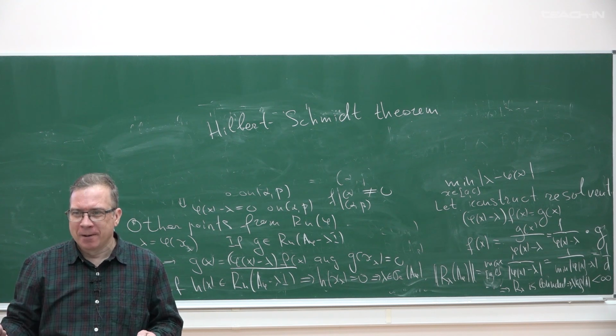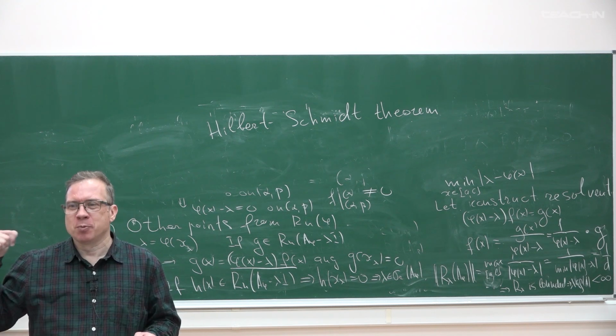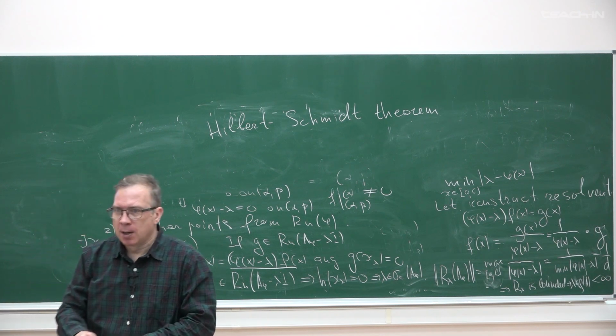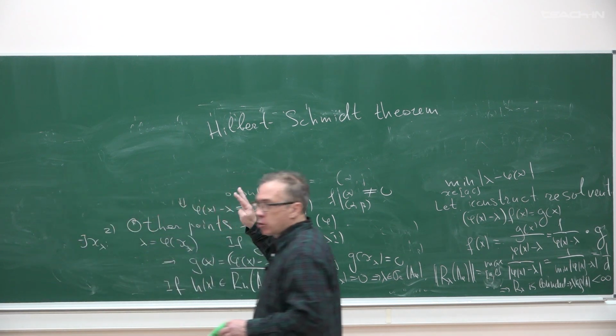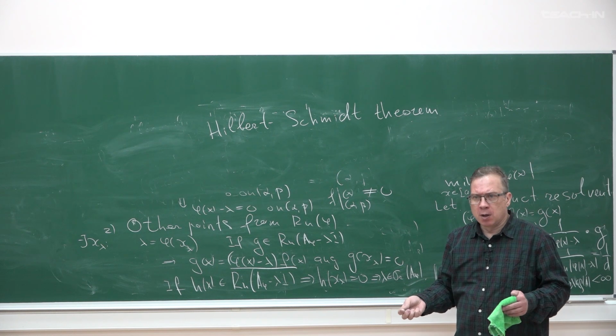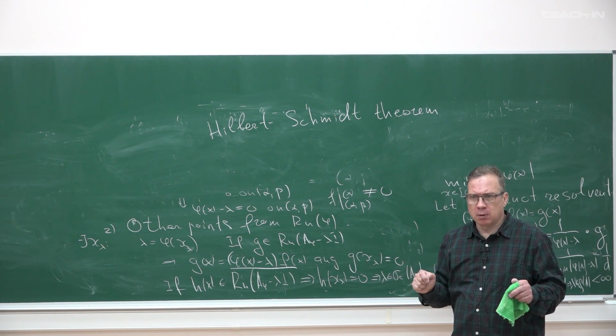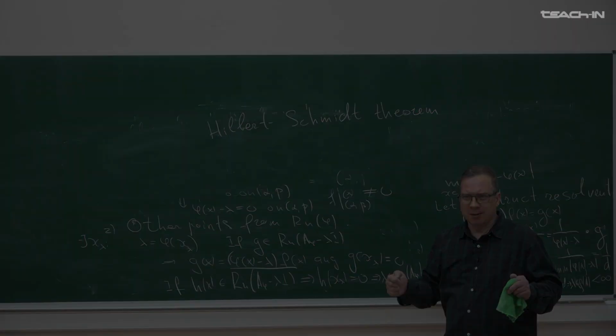So again, it is a basis. The second way is from the Hilbert-Schmidt theorem. But it is not just the formulation of the theorem because it is a large theme. So, some auxiliary lemmas.